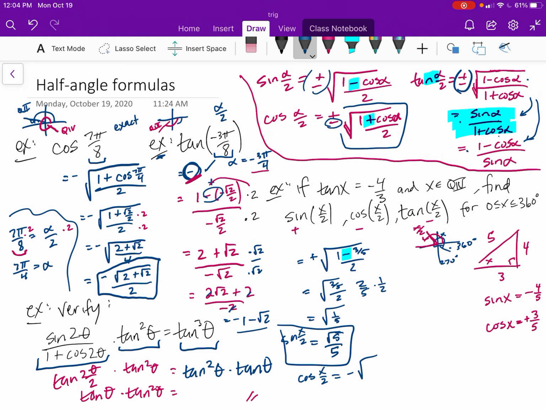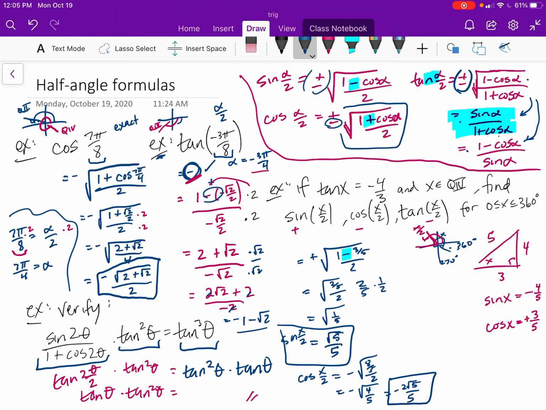So I'm just going to skip that step. 8 over 5 times a half is 4 over 5. Again, if you rationalize and square root of 4 is 2, we'd get negative 2 root 5 over 5. I'm not going to spend much time showing that. You can do that algebra there.